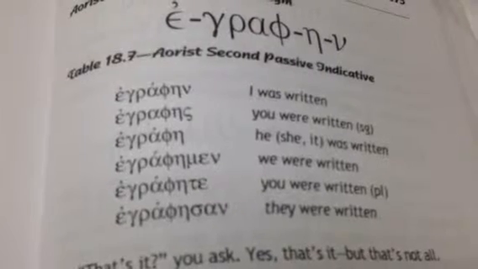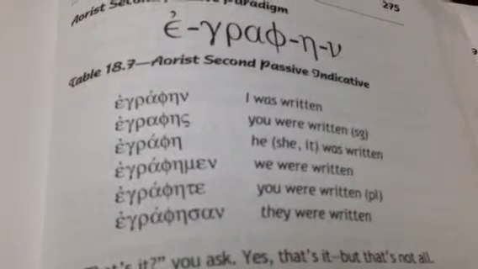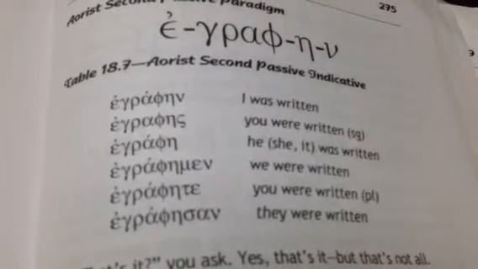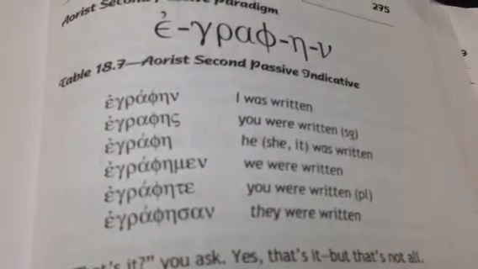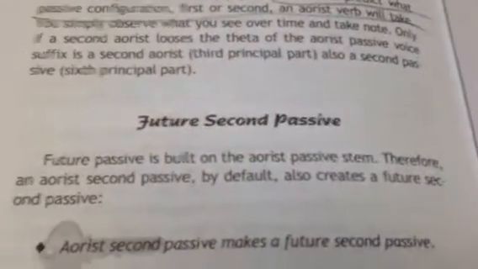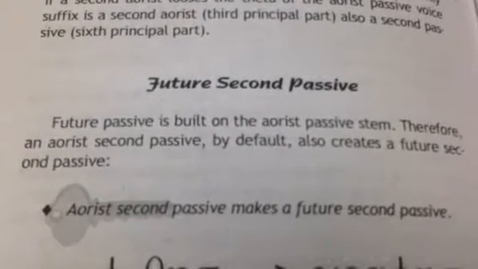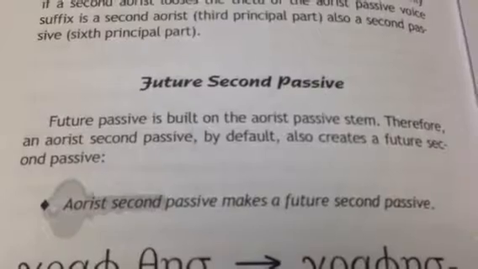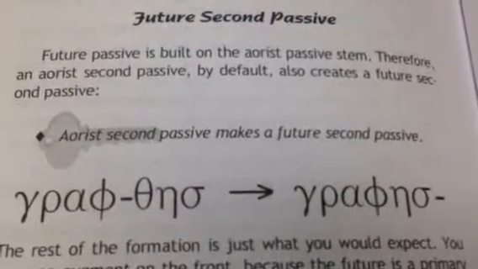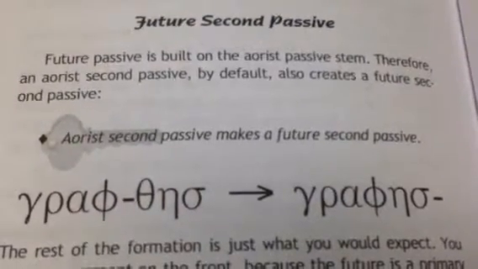The reason it's important to observe it is you want to be sure to translate it with a sense of passive agency so that we recognize that an outside agency here does the writing. Okay, so the same then is true for the second passive for the future, and that builds off the aorist second passive in this case. So the theta eta sigma loses the theta as well.